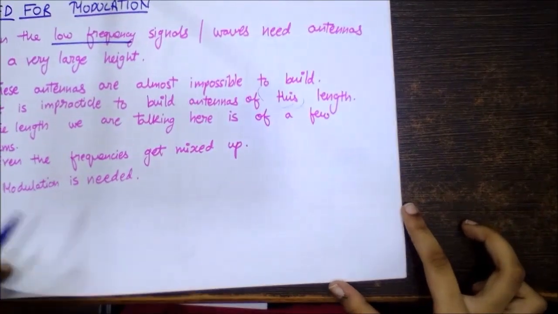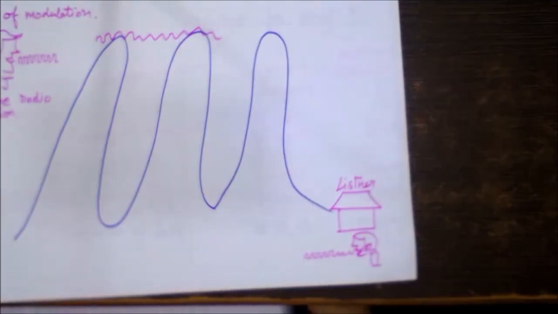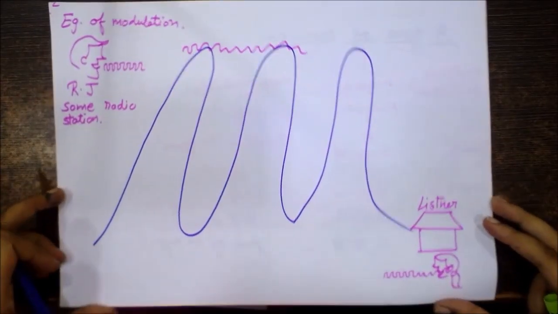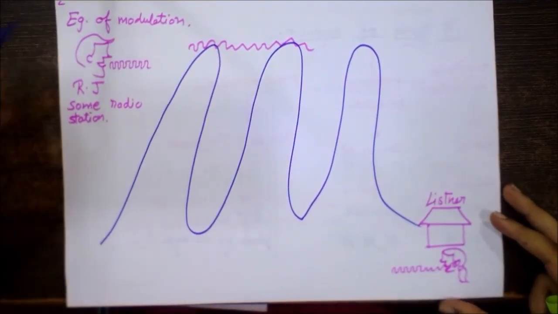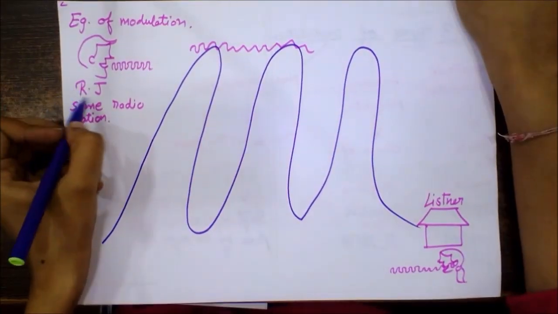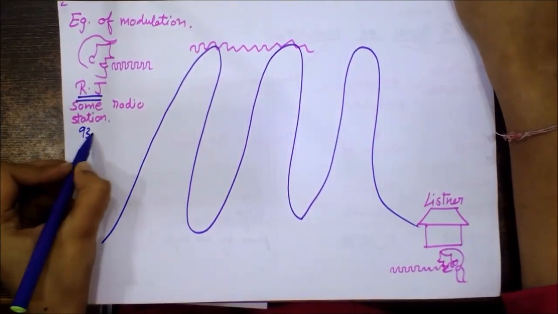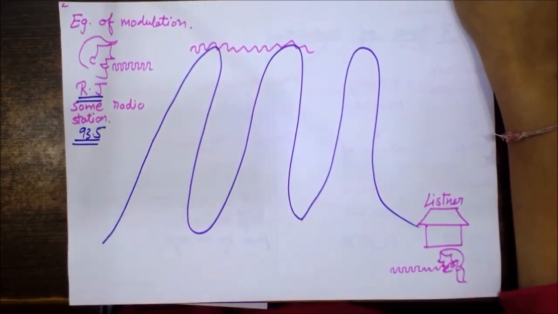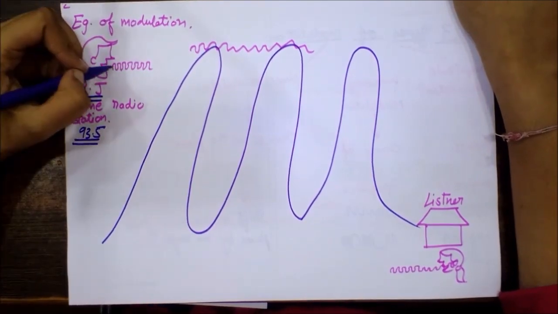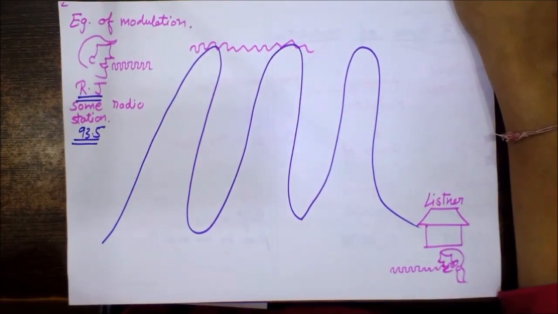Let's understand modulation with the help of an example. Let's say I have an RJ, a radio jockey, talking from some radio station, say the 93.5 radio station. When you listen to your radio, you listen to the radio jockey talking in his normal voice, normal tone, normal volume.